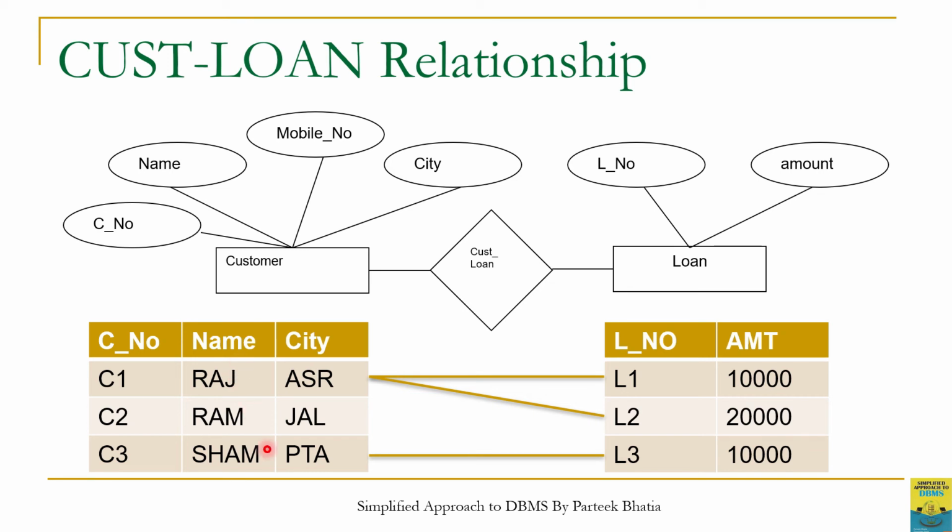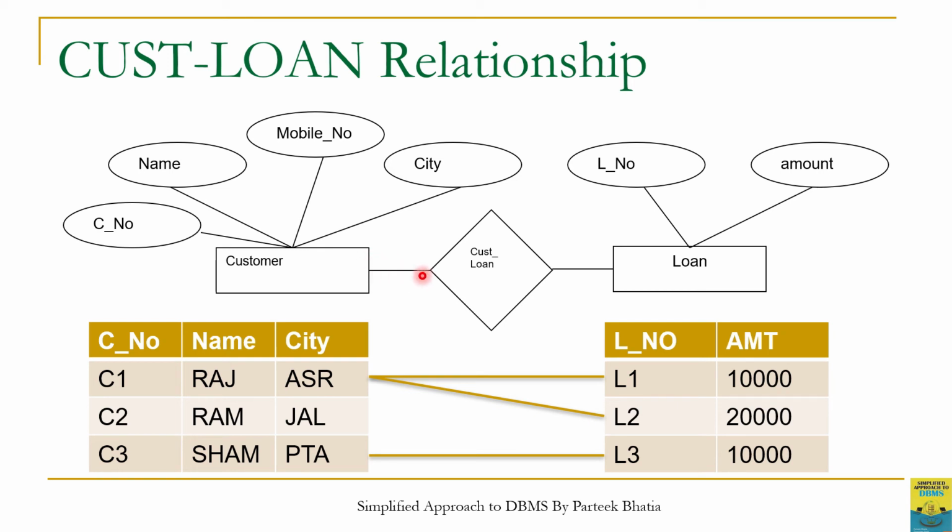The participation of customer in the loan is partial, and you also know that the participation of loan in this relationship is total. Now if we talk about the cardinality in this situation, we can label the edges of this relationship by their corresponding cardinality. The minimum and maximum number of loans which a customer can take can be labeled here.